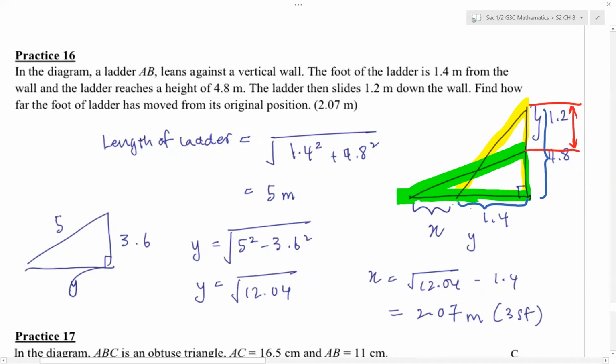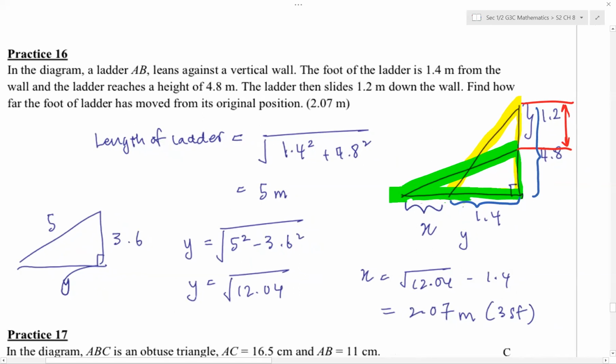So that's what's happening. Hey, if it slides down 1.2 meters on the top, does it mean that it slides this horizontal distance of 1.2 also? Do you think there's such a relationship? Is this part slide down 1.2 meters? Should this also be 1.2? Something to think about. But if you're not sure, then you shouldn't assume.